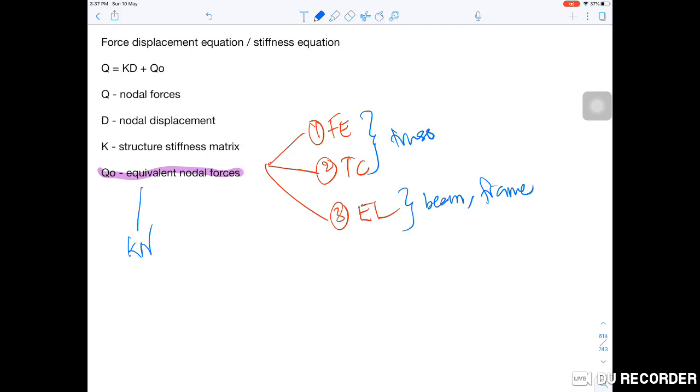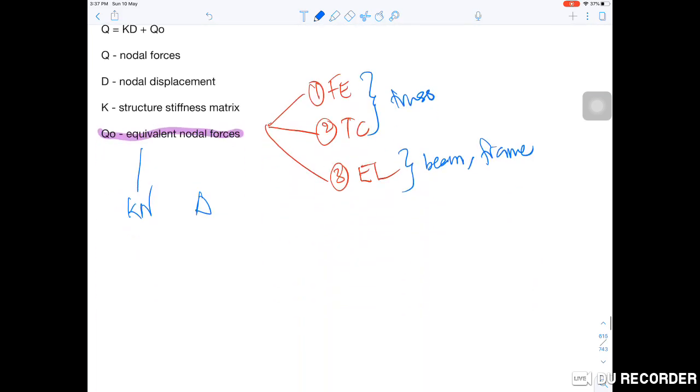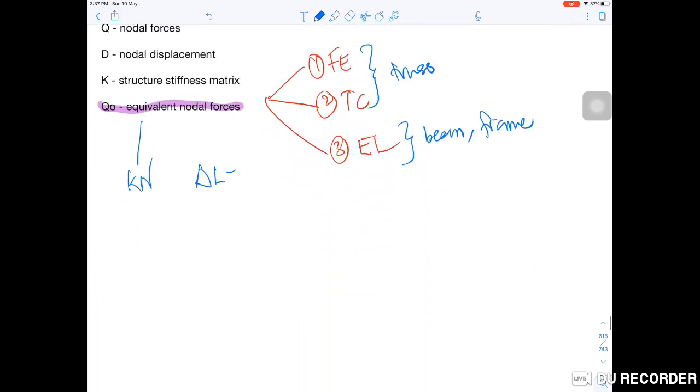Okay, let's consider this example. This is about fabrication error, and the delta L given, the fabrication error, is negative because it is shorter than its original length, 0.01.